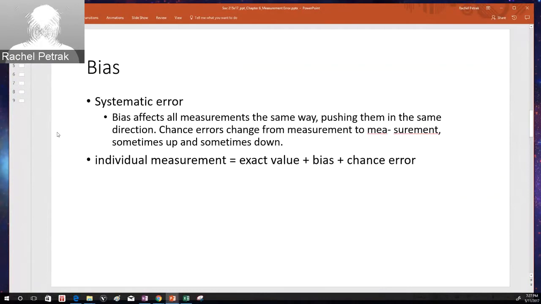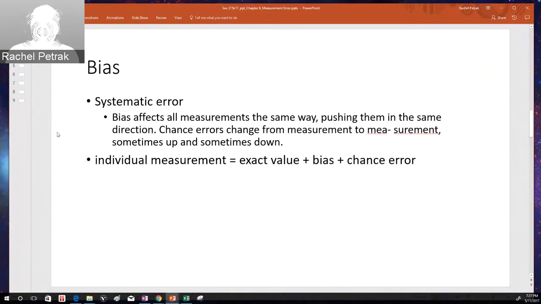Whereas bias, in order to eliminate bias, we need to examine experimental procedures and systematic influences that might be pushing participants' responses or pushing data in a particular direction.